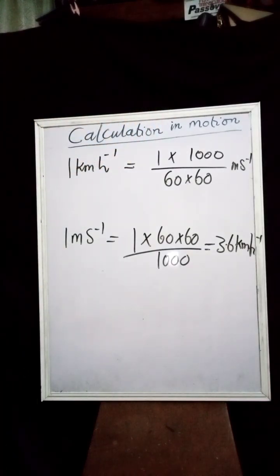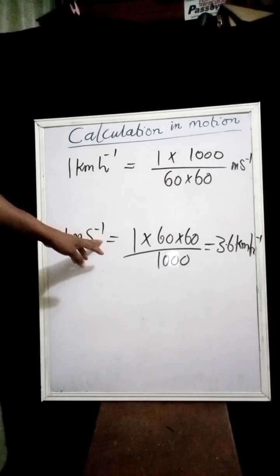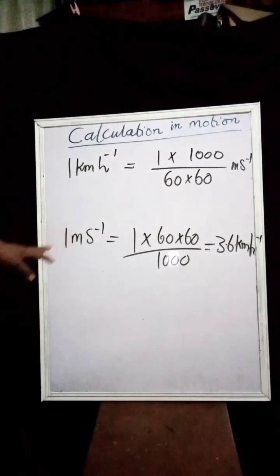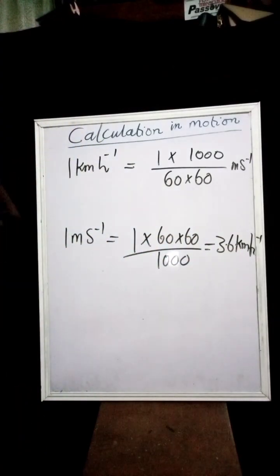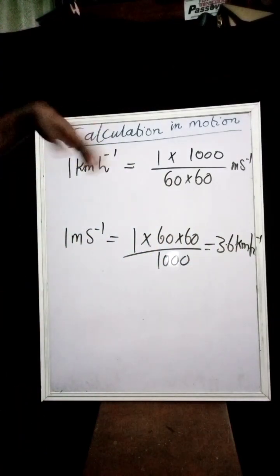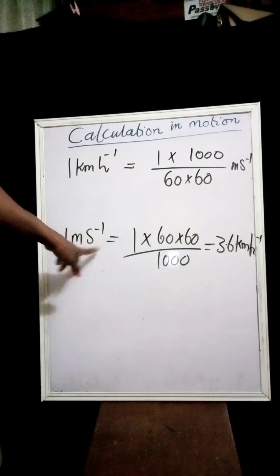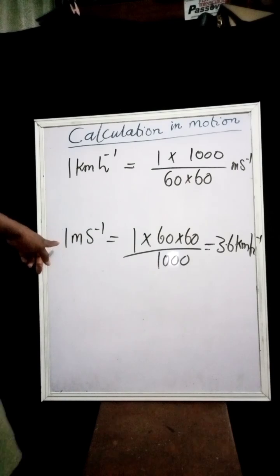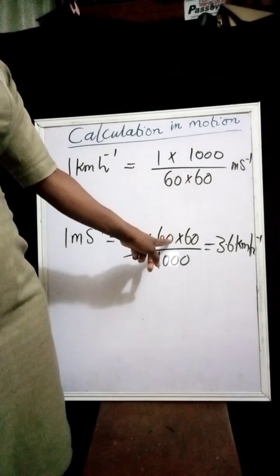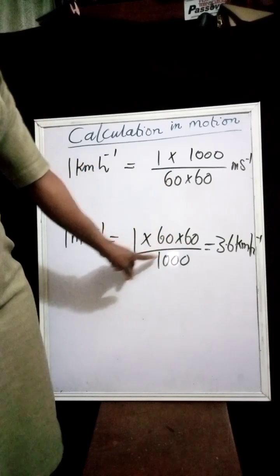The same way, if I am given meter per second and I want to convert it to kilometer per hour, what do I need to do? I have to do the reverse of what I just did. This is 1 meter per second and I need to convert it to kilometer per hour. I multiplied 1 by 60 by 60, that is 3600, then divided by 1000.